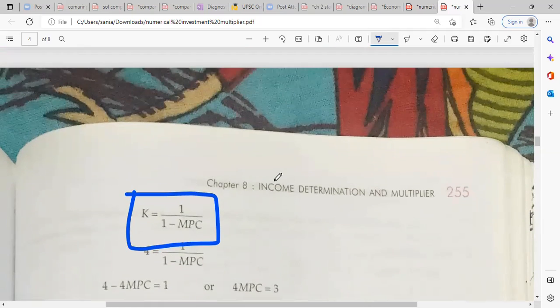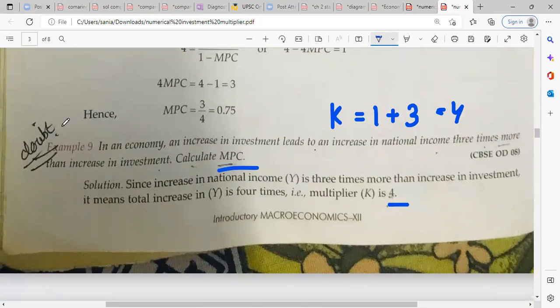So you will write example number 9. You will write the entire question, because in the exam hall they will ask you, and in the solution, the first part you will write from here, and after that you will put the value and get the answer on your own and tell me.